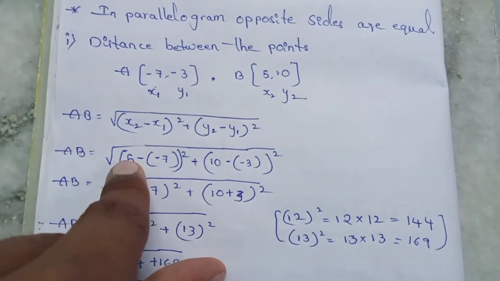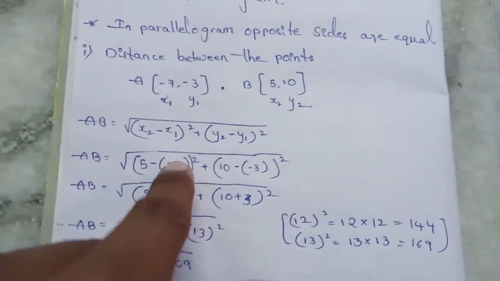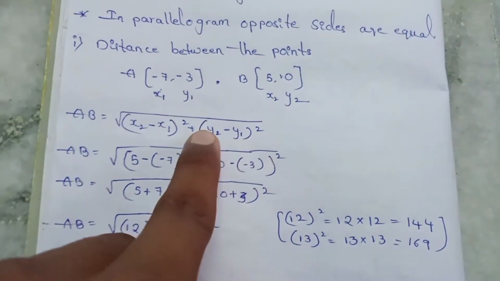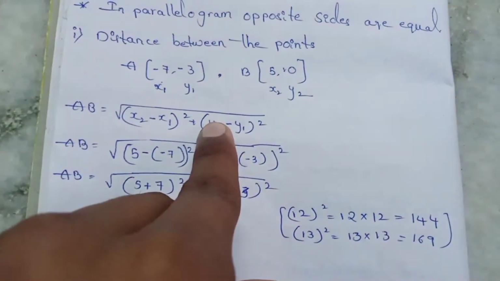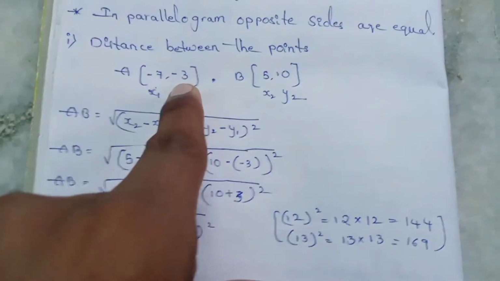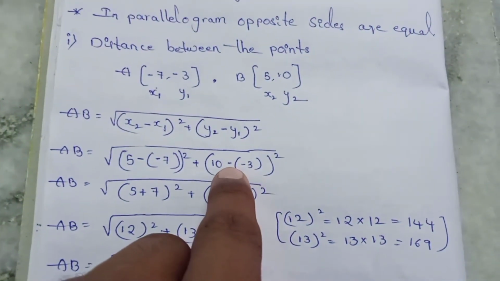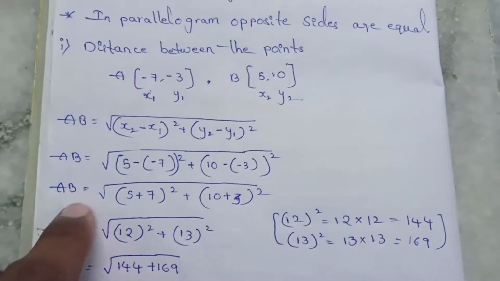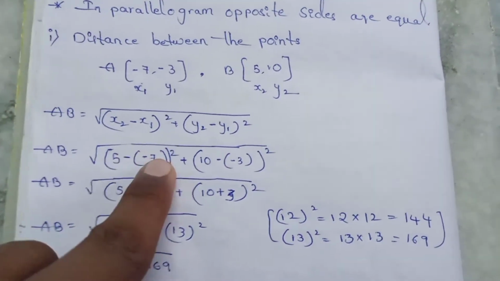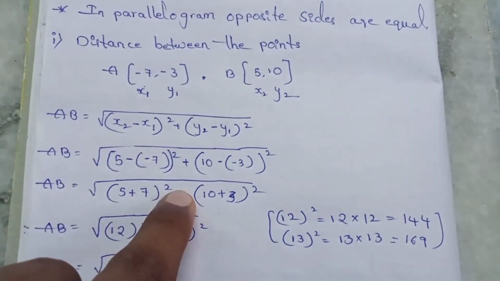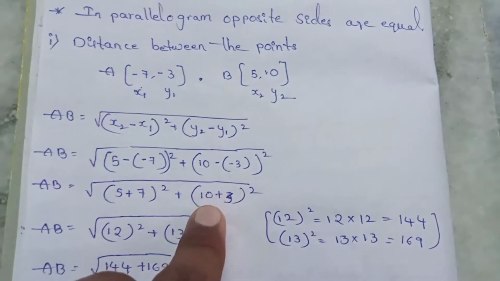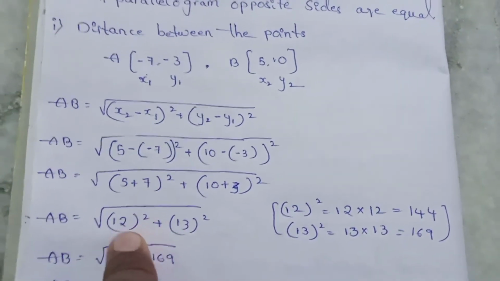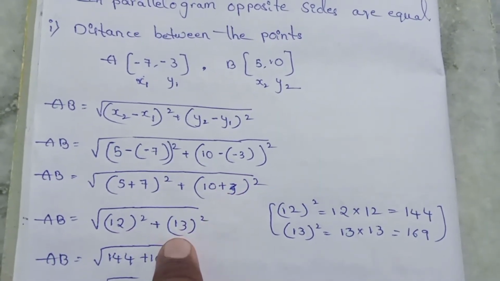Observe this: (5 minus (minus 7)) whole square, plus y2 minus y1. y2 is 10, y1 is minus 3, here also two minuses: (10 minus (minus 3)) whole square. Now AB equals root of (5 plus 7, that is 12) whole square plus (10 plus 3, that is 13) whole square.